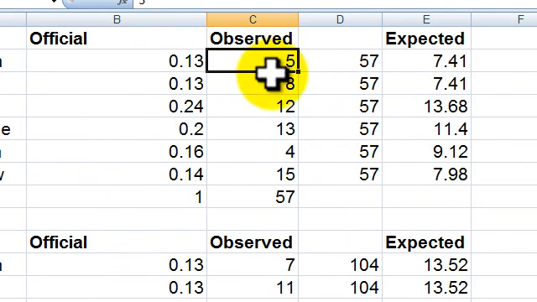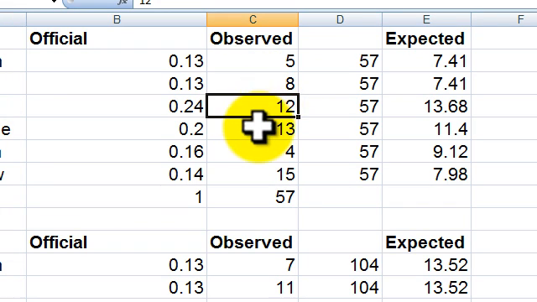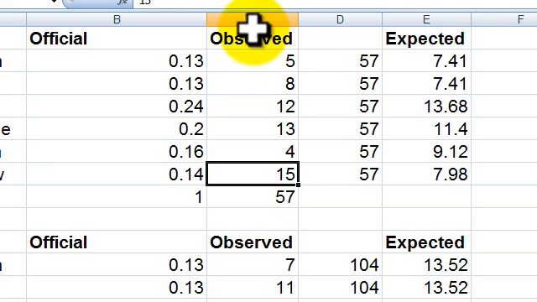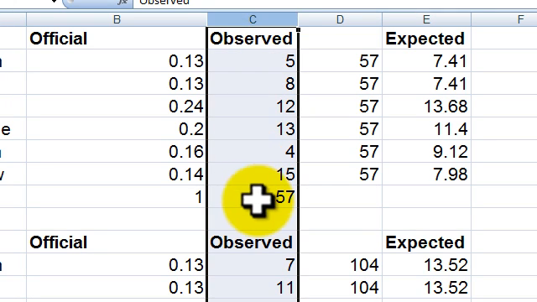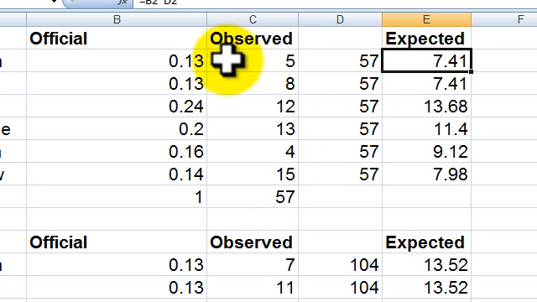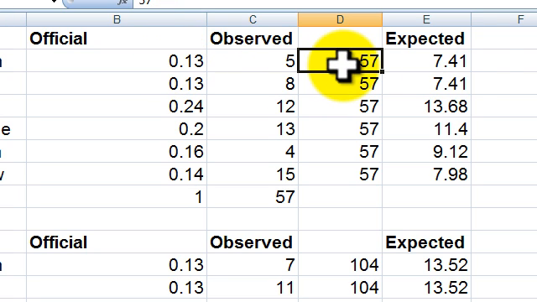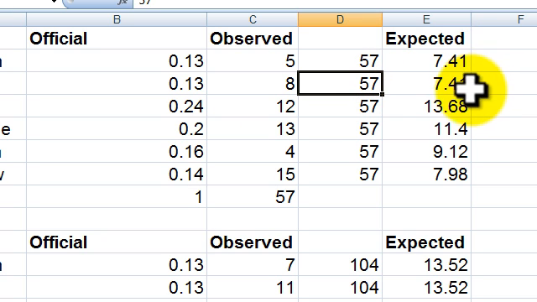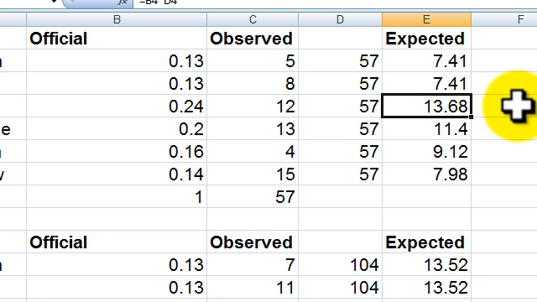So we observed 5 brown, 8 red, 12 blue, 13 orange, 4 green, and 15 yellow. That's what we actually observed, 57 M&Ms. What we would expect is 13% of 57, which is 7.41 for brown, 7.41 for red, 13.68 for blue, and so on.